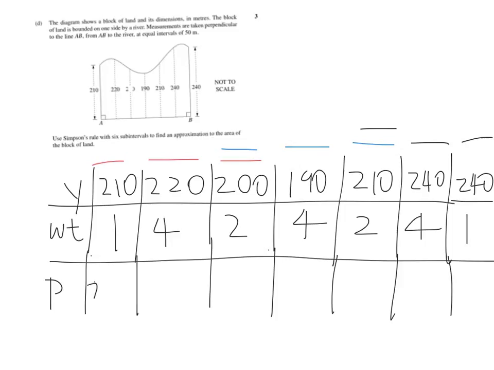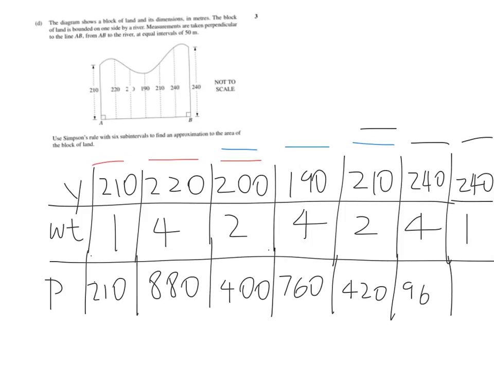So this is 210, 880, 400, 38, and 67, 760, 420, oh what's that, 960, and 240. Well, we just go and add all those up together.